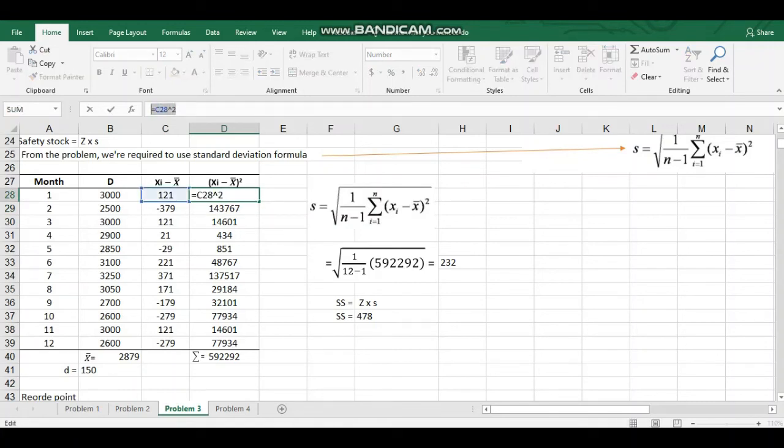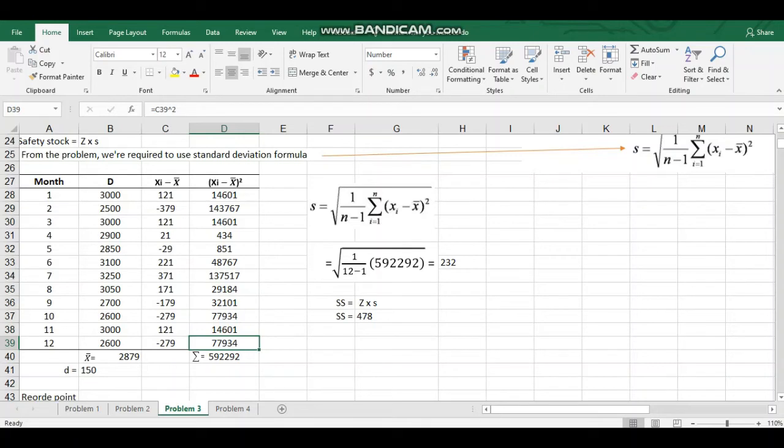So we have it by calculating 121 to the power of 2, and just do the same step for the rest of the data from the first month until the 12th month.